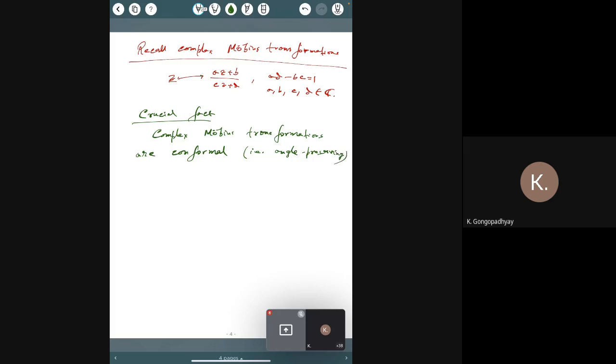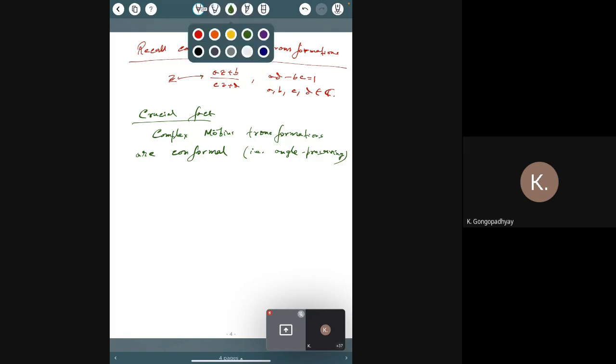By angle I mean that you take one point, then take a curve through that point, then you can always define one angle between the tangential curve at that point. So angle means you have two curves.